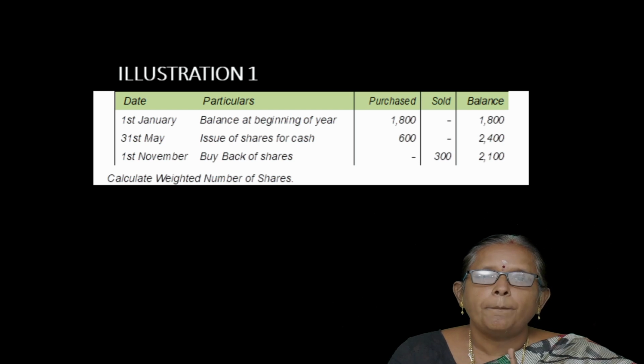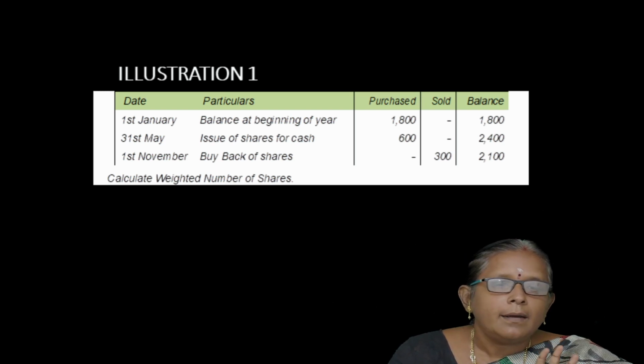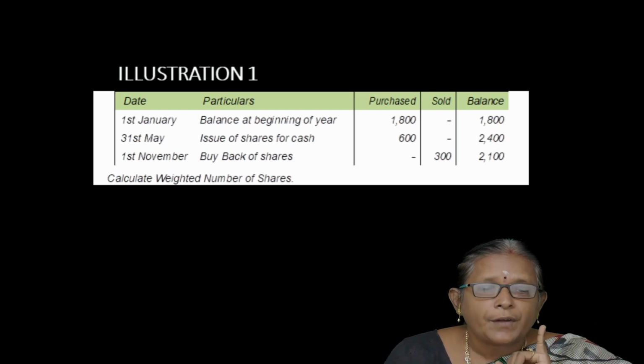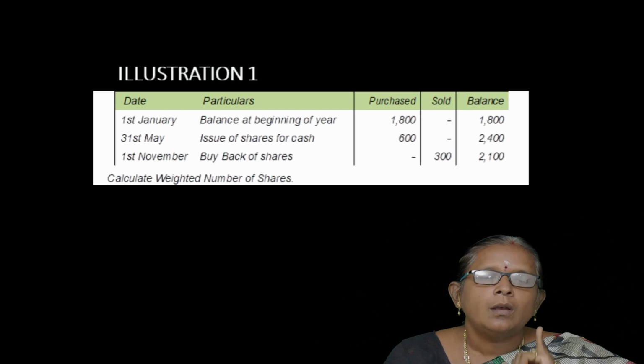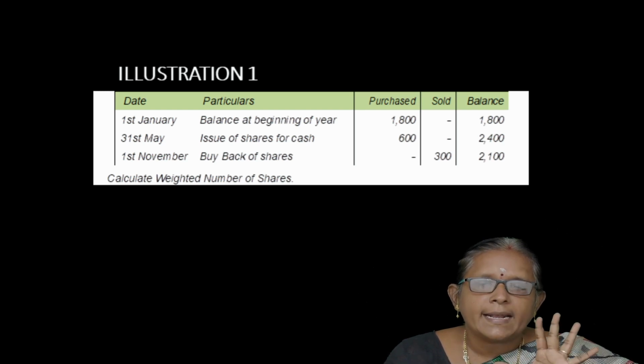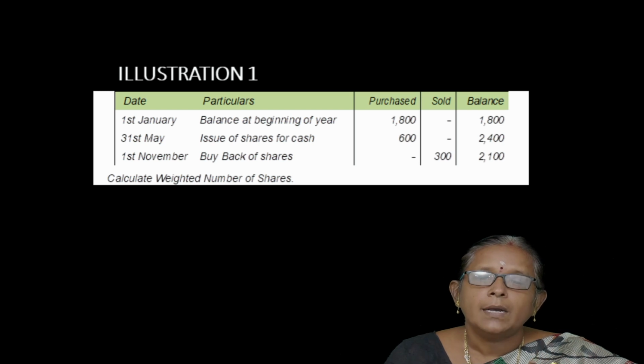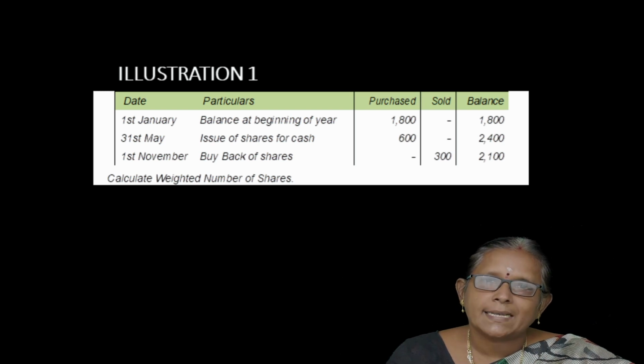Okay, so May, June, July, August, September, sorry, not May. From June you have to calculate, because 31st May, no. So June, July, August, September and October. For the next 5 months, we have 1800 plus 600, that is 2400 shares.